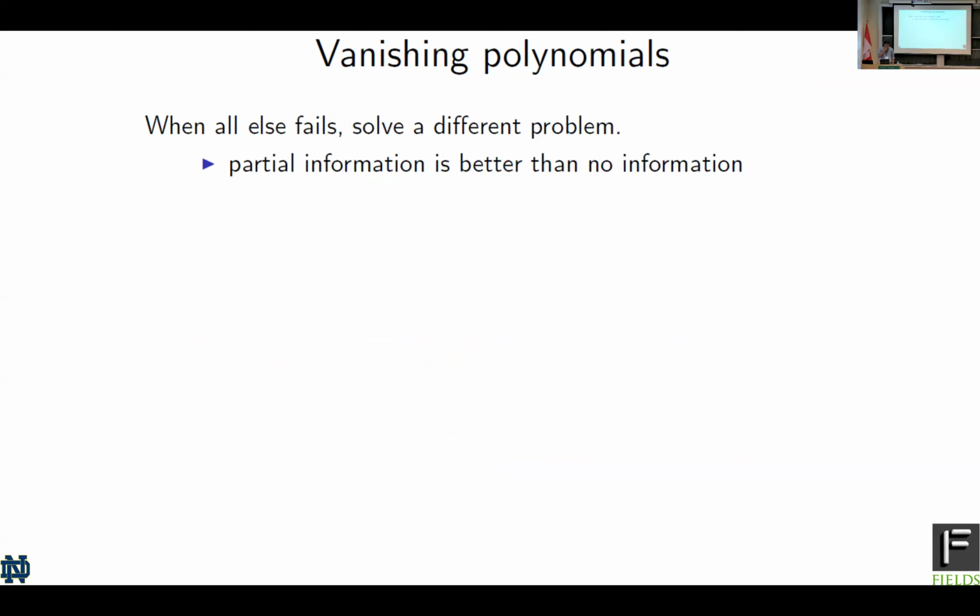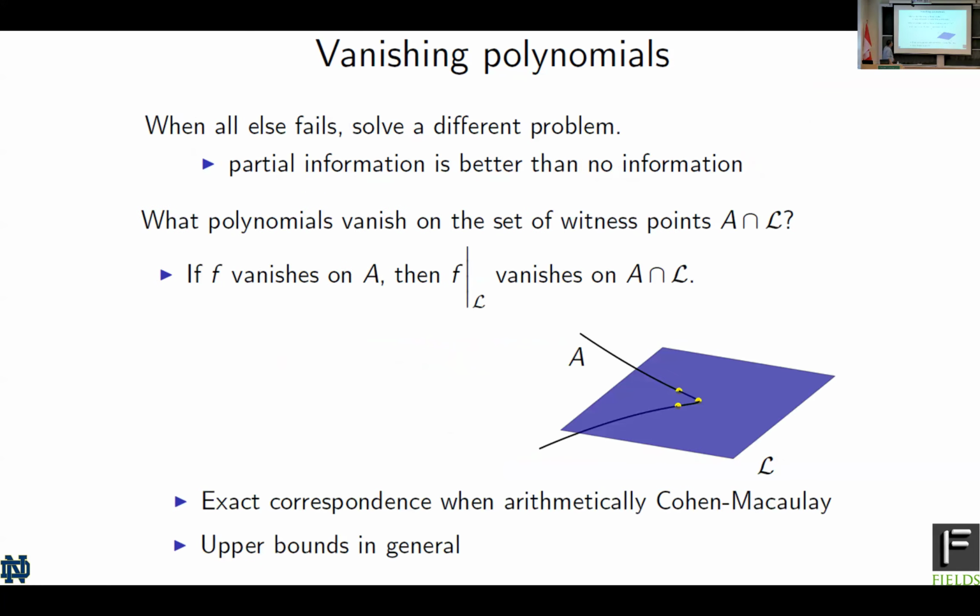Okay, so change the problem. Instead of looking at polynomials that vanish on the entire variety, suppose I only look at polynomials that vanish on my witness set. If it was Cohen-Macaulay, then I would have an exact correspondence between these two. But in either case, you get upper bounds.